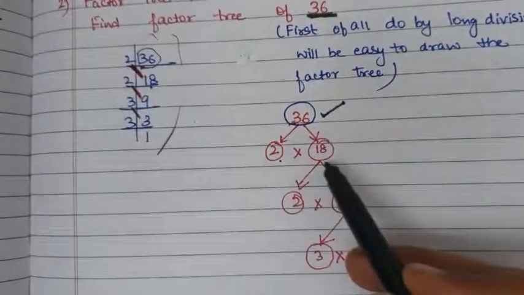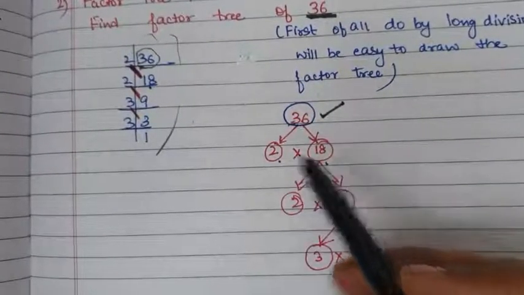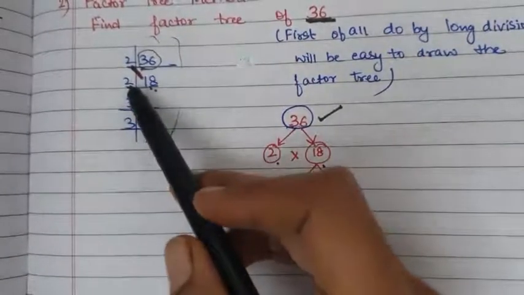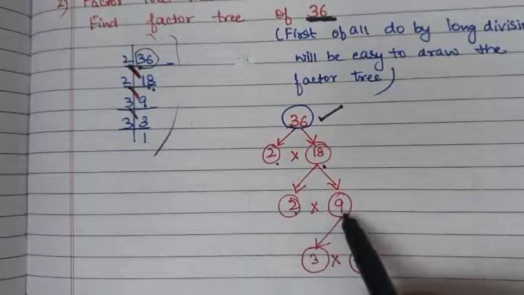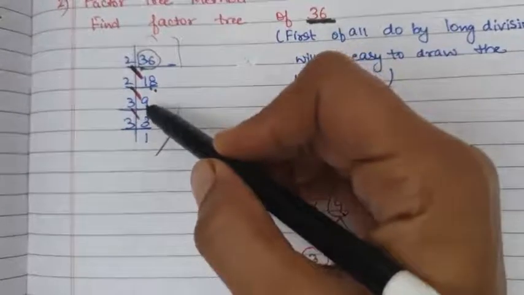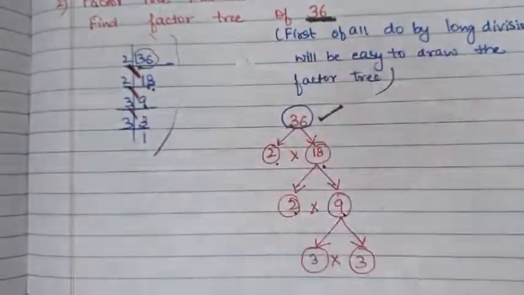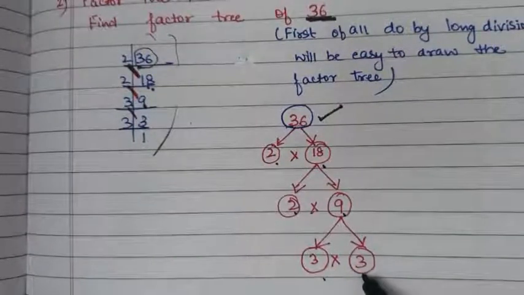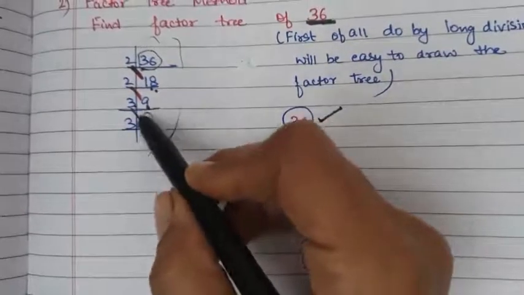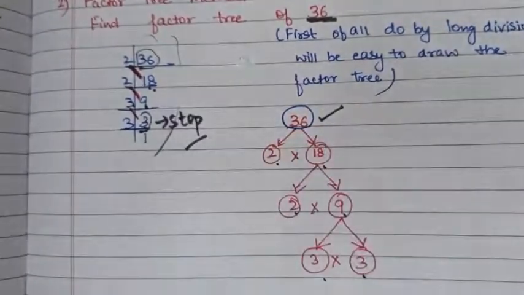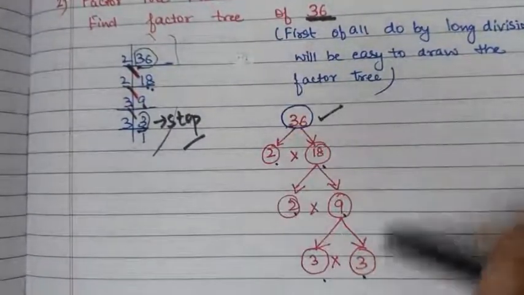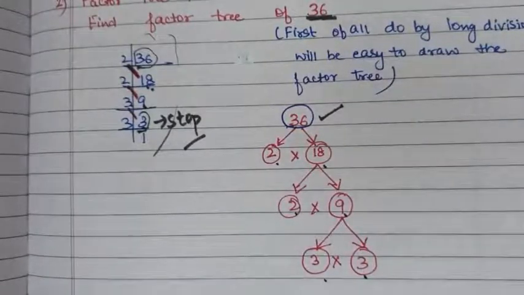I have written 2 into 18. Then for 18, 2 into 9. So I have written 2 into 9. Now for 9, 3 into 3. We have reached this step, so we will stop here. Fine. So this is your factor tree. Clear, children?